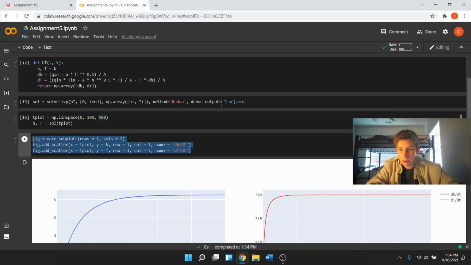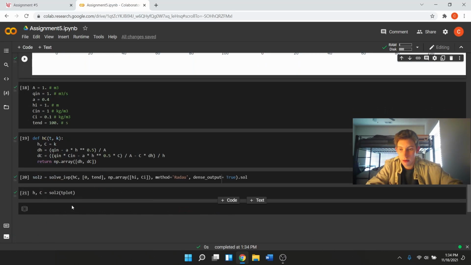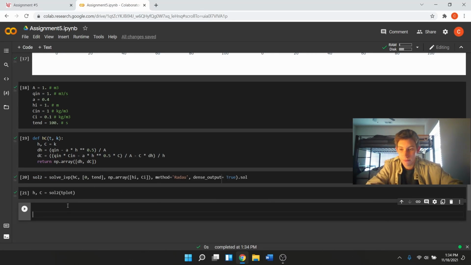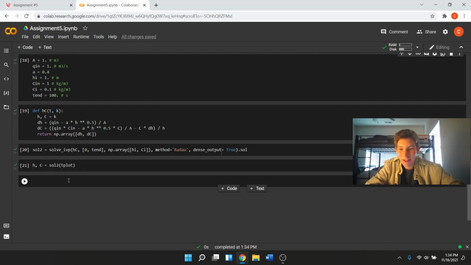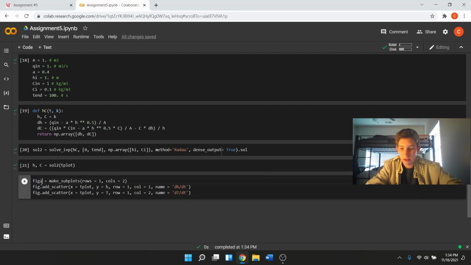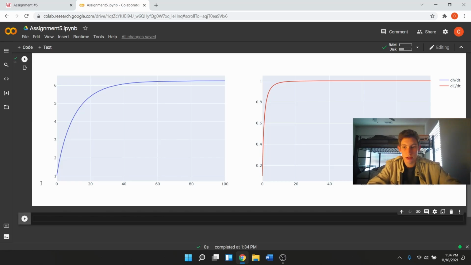And then I can copy this here and call this fig2. And then for the second one, just change this out for the concentration, change the name of that, and then we're going to plot it and see what this looks like.